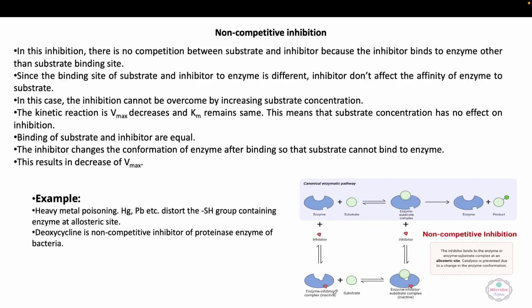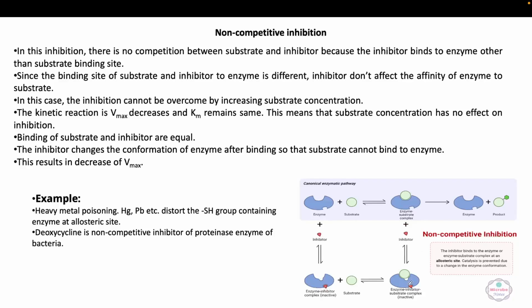But once this inhibitor binds to this enzyme, it changes the three-dimensional structure of the enzyme, so that it can't convert the substrate to product. In the normal case it is converting the substrate to product, but when the inhibitor binds to the enzyme, it can't.